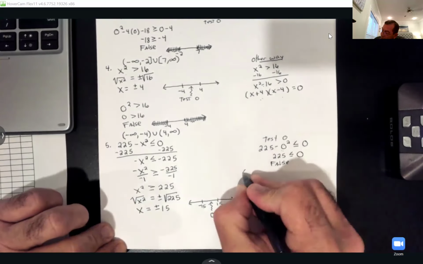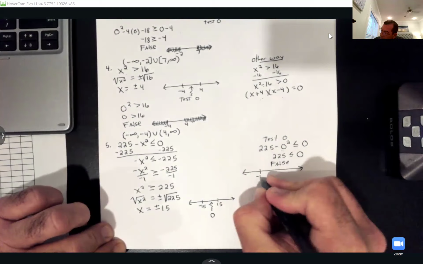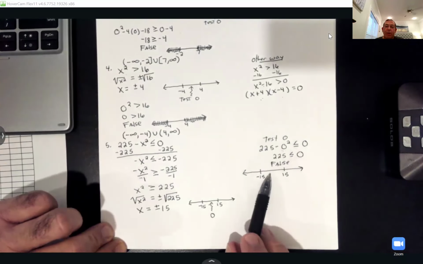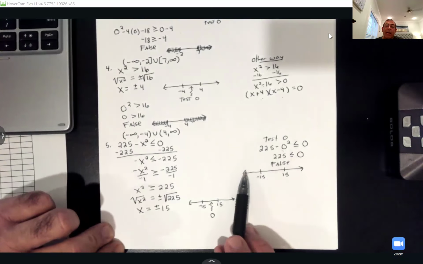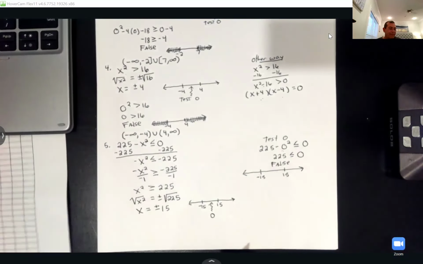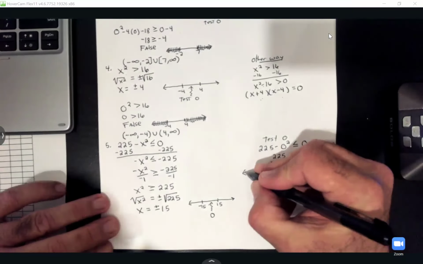So since it's false, my number line, well, let me ask y'all this. Am I going to shade the middle where the 0 was located, or will I shade the outside edges? The outside. All righty.